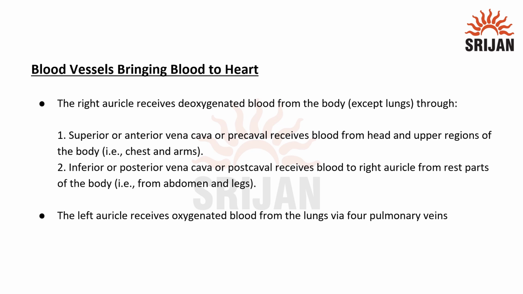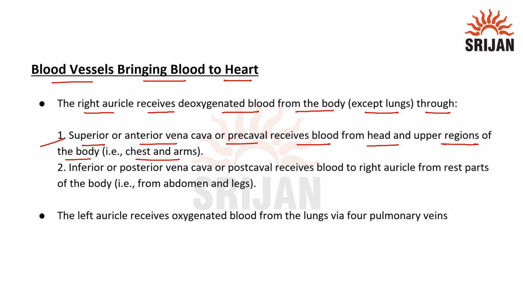Now let's talk about blood vessels bringing blood to the heart. The right auricle receives deoxygenated blood from the body except the lungs through, first, the superior or anterior vena cava or precave, which receives blood from the head and upper region of the body, that is the chest and arms.